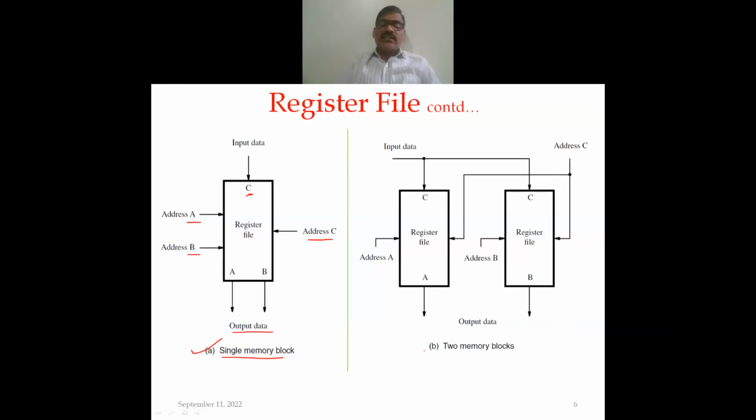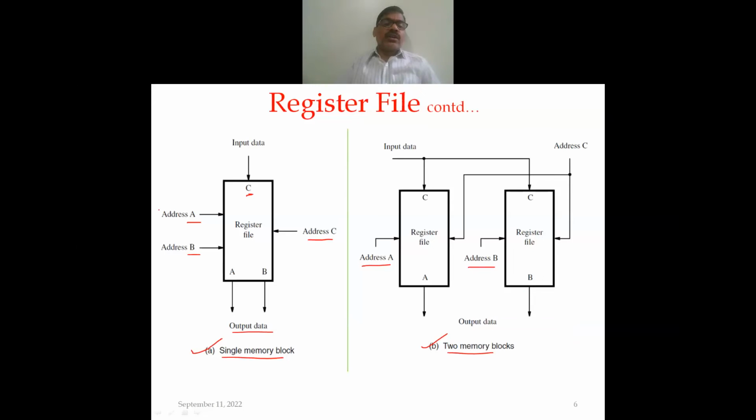The second method of realization of this dual port is called the two memory blocks. This is one memory block having address A, and this is another memory block having address B in this register file.